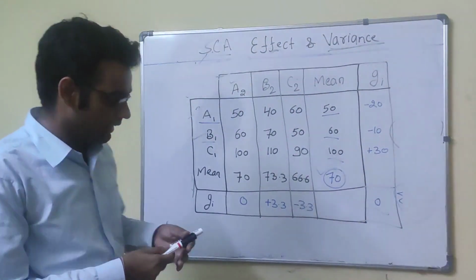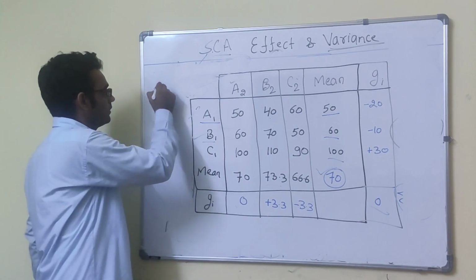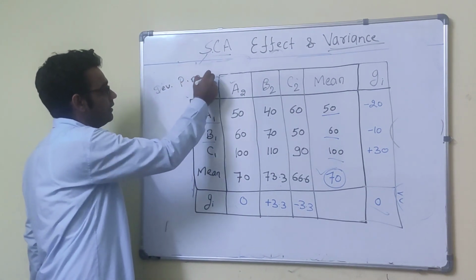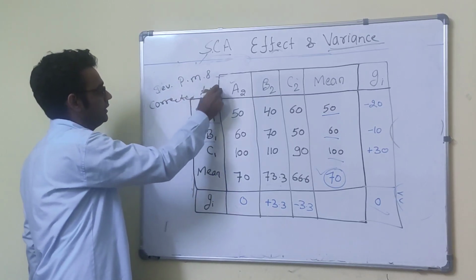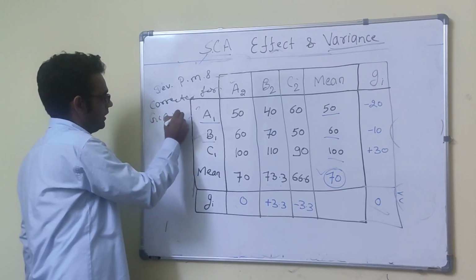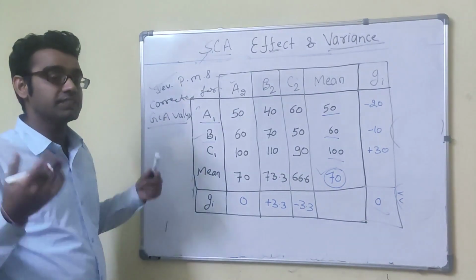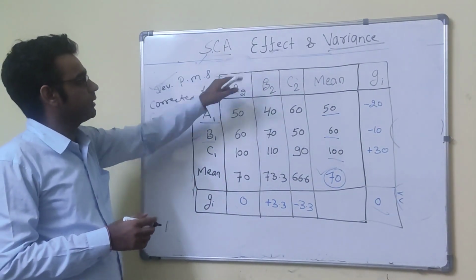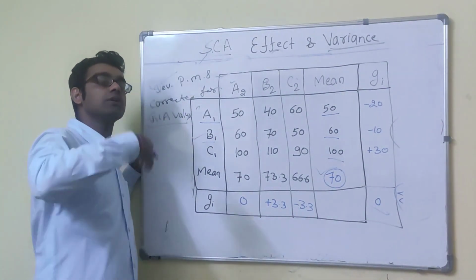So what is SCA? Actually, SCA is deviation from the population mean and corrected for GCA value. Everybody knows this definition, but how will you justify it?